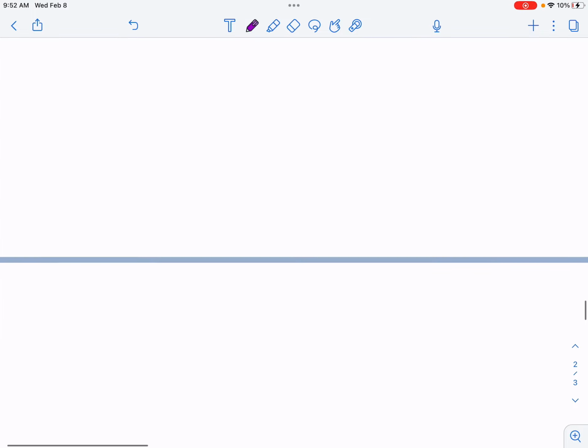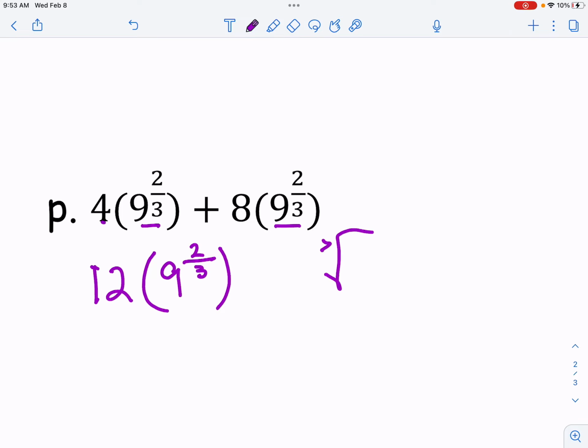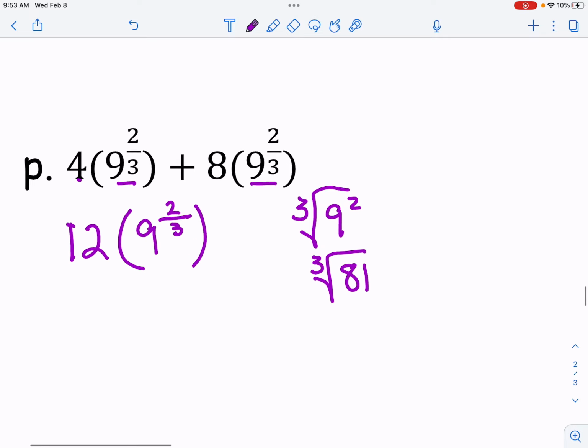And the last one. Okay, so we have 4. All right, so the bases are the same. So all you do is add 12, 9 squared, 9 raised to the 2/3 power, which is the cube root of 9 squared, which is the cube root of 81.